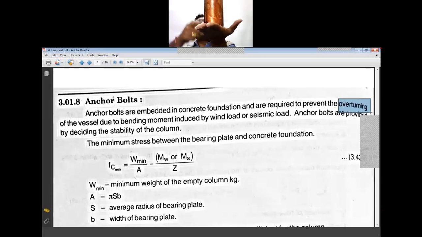Because of its own weight. Because of the vessel weight plus contents, the vessel is stable right now. But as I apply the force, the vessel will face vibrations and it should not get overturned. So I am going to prevent this overturning by applying the anchor bolts.